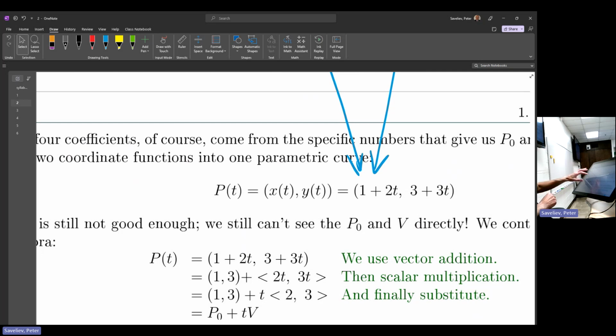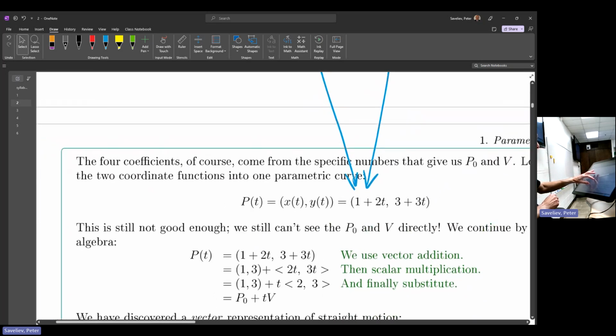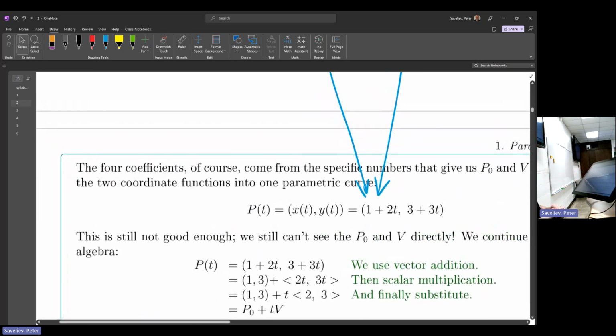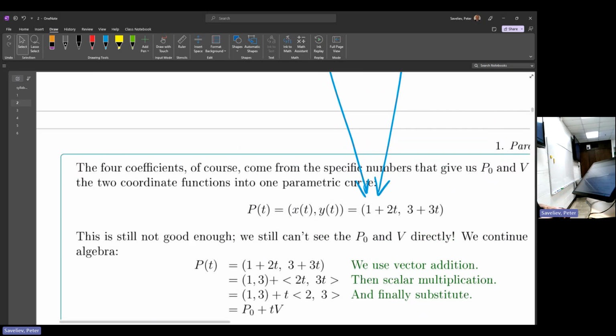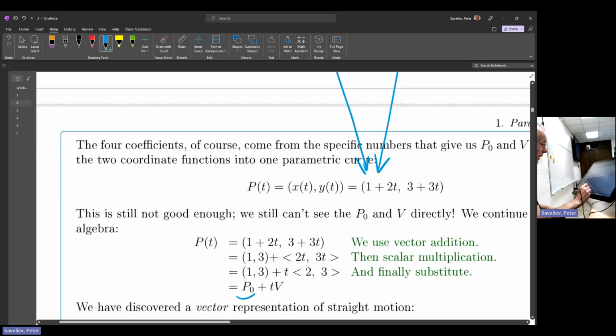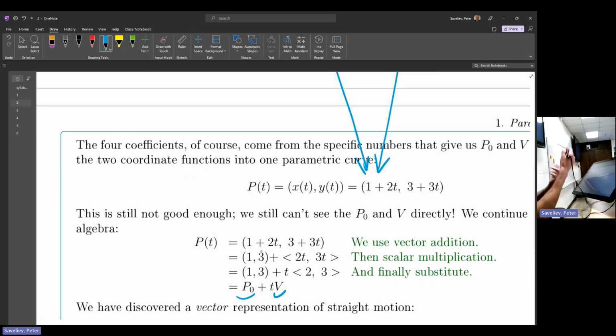The vector algebra we use here actually produces a meaningful representation of our parametric curve: P naught, the initial position, and then the velocity multiplied by t. The velocity as a vector multiplied by t makes you progress farther and farther.